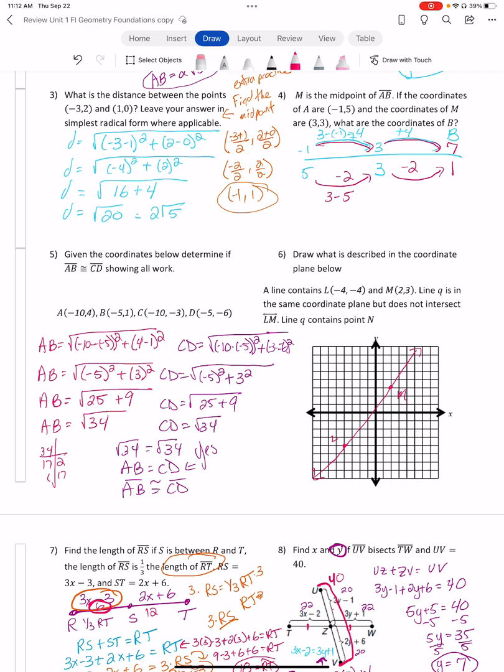Line Q is in the same coordinate plane, but does not intersect LM. Q contains point N. So what do you know about line Q and LM if they don't intersect and they're in the same plane?